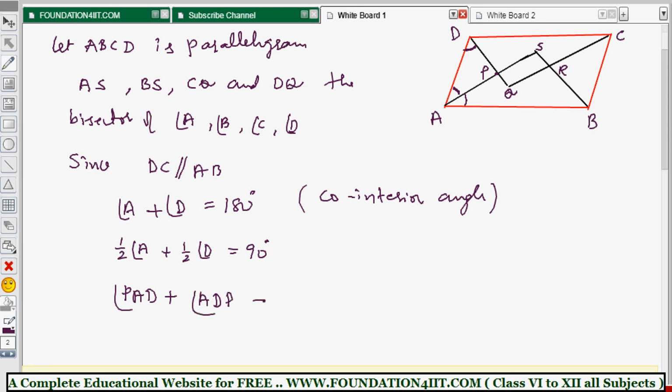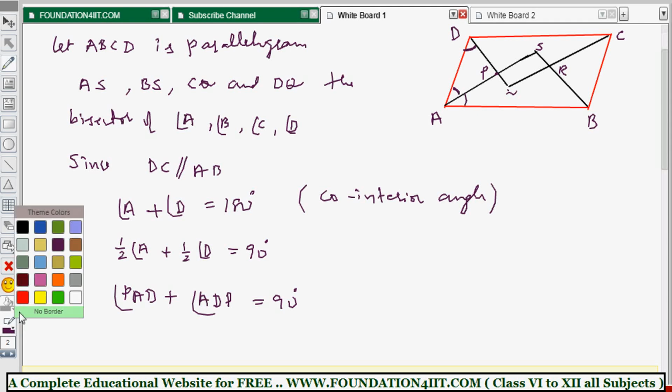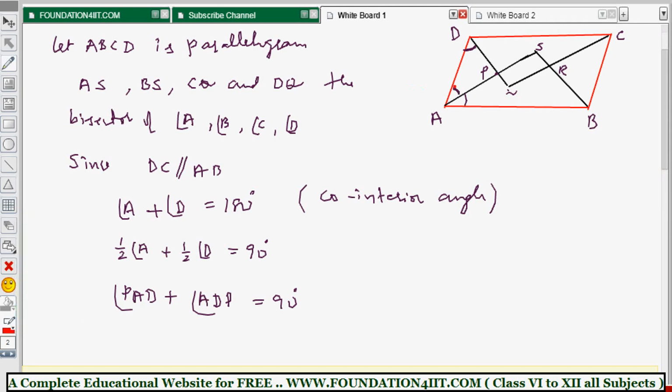These two angles, PAD and ADP, sum to 90 degrees. So in triangle APD, once the sum of these two angles is 90 degrees, the third one should be equal to 90, because the sum of the angles in a triangle is 180 degrees.